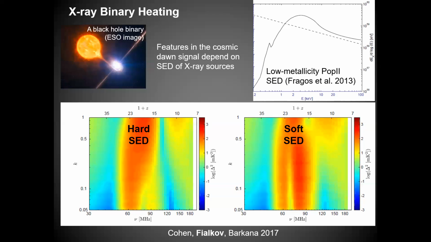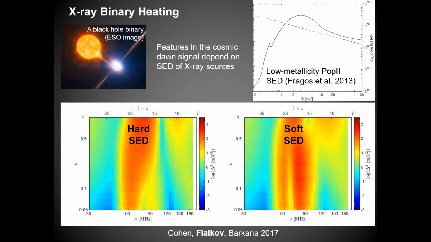This is important because we can learn about properties of the first black hole binaries, again, how massive they were, and if it was a black hole binary population that heated up the gas or something else. For example, this power law spectrum would correspond to another type of heating source.